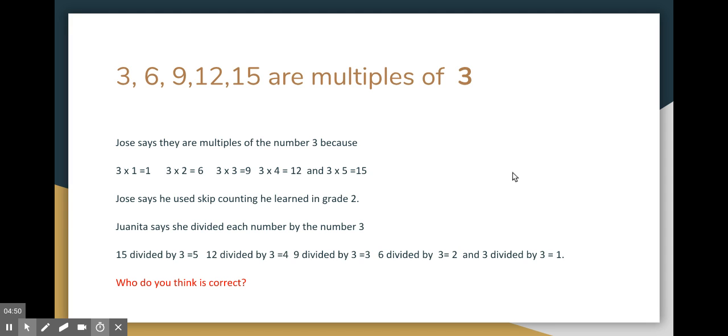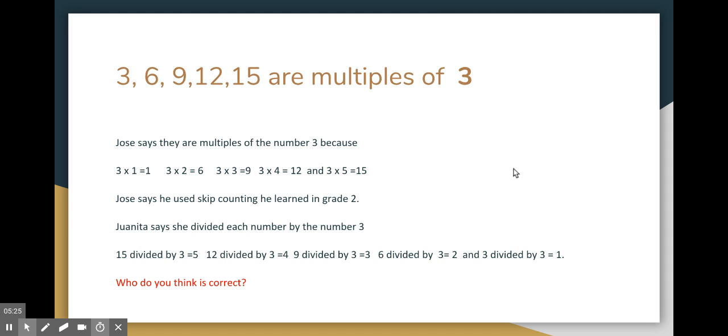Jose says they are multiples of the number 3 because 3 times 1 equals 3, 3 times 2 equals 6, 3 times 3 equals 9, 3 times 4 equals 12, and 3 times 5 equals 15. Jose says that he used skip counting that he learned in grade 2 to find these multiples.